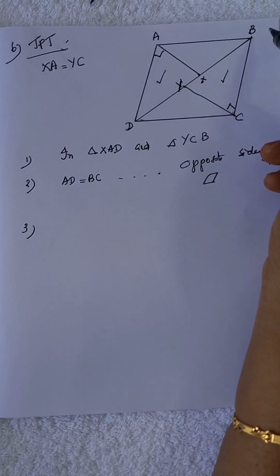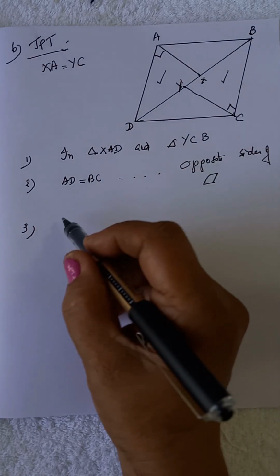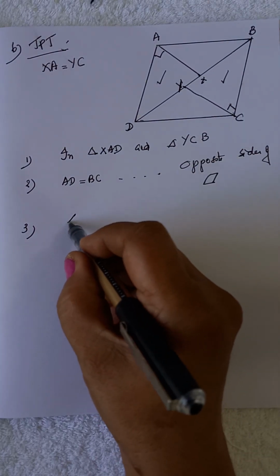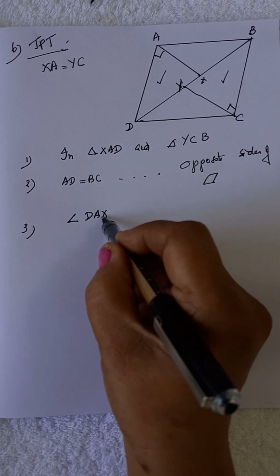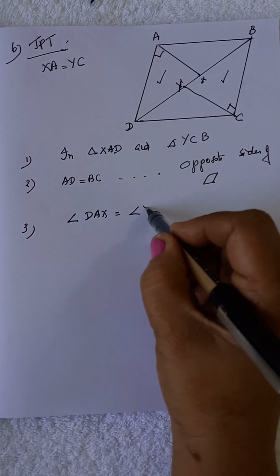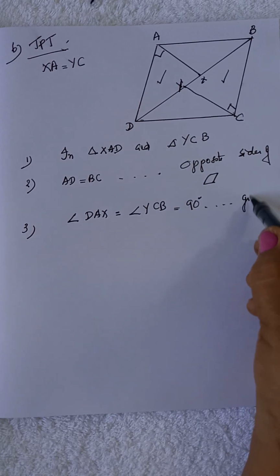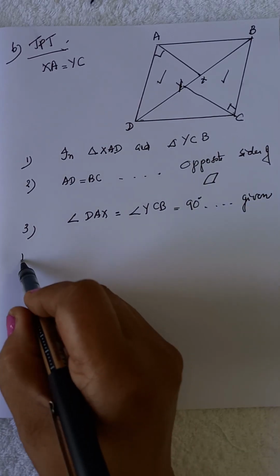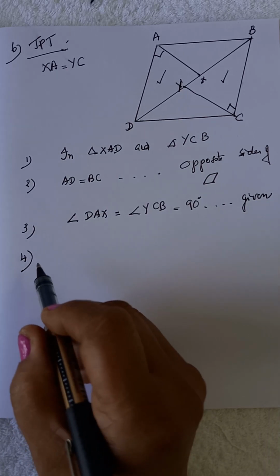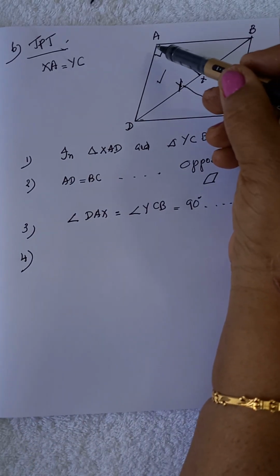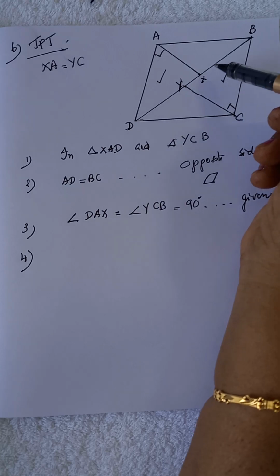That is given. Angle DAX is equal to angle YCB is equal to 90 degree. That reason is given. Now the fourth point we can say that angle ADX is equal to angle YBC.